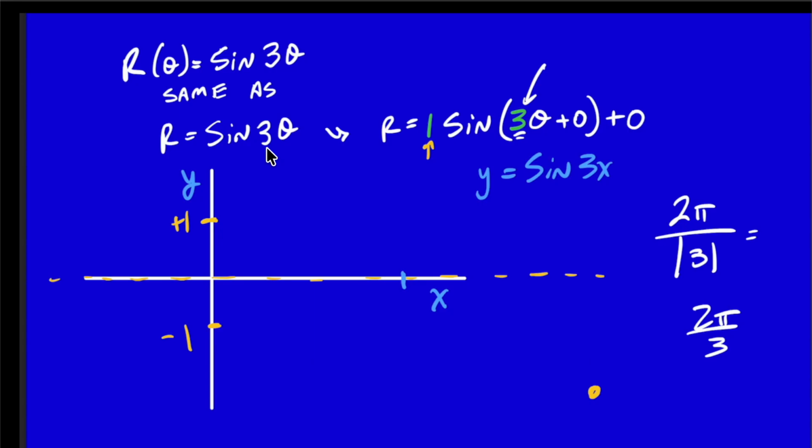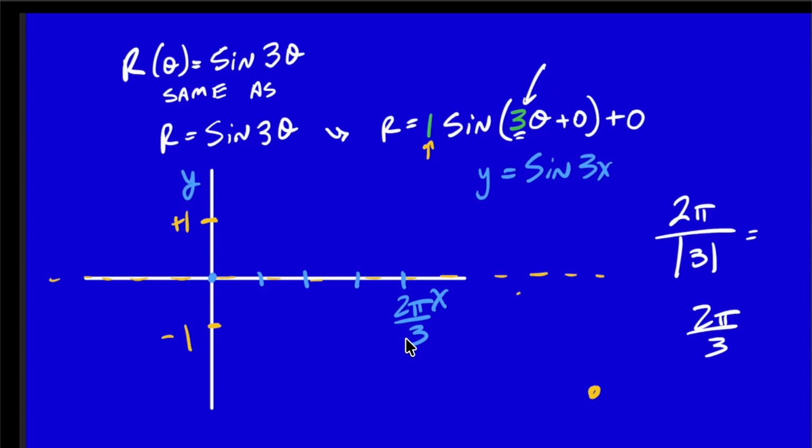Okay, so the next thing I like to do with trigonometric functions is we know that the starting point is 0 and the ending point is 2 pi over 3. So I like to divide that into 4 parts. And each of these tick marks is going to be 1/4 of that period. So how do we get 1/4 of the period?